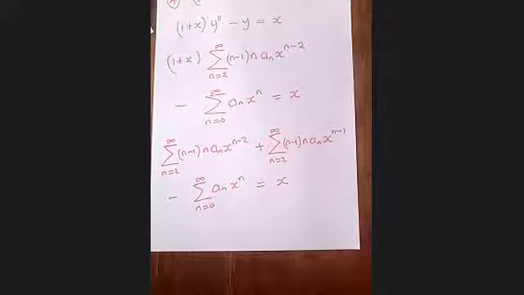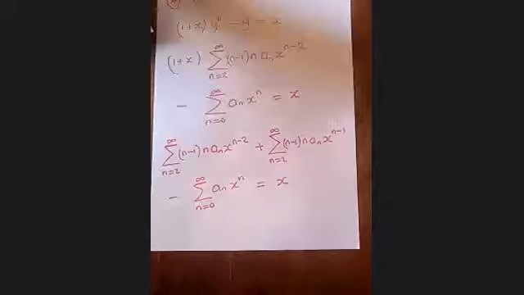Notice that what has changed is that the exponent there is n minus 1 instead of n minus 2. Everything else remains the same. Okay, so we can move on, I think.